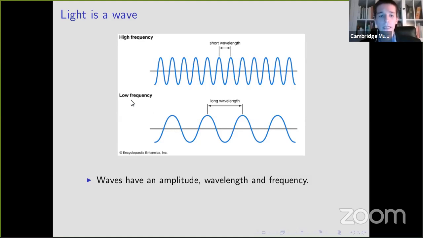If it has the same speed, then a low frequency means long wavelength, and a high frequency means a short wavelength.